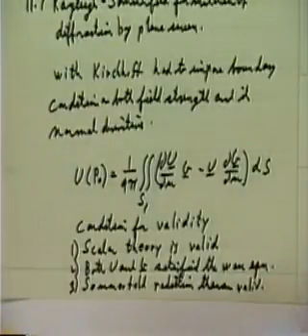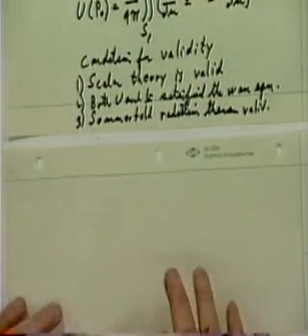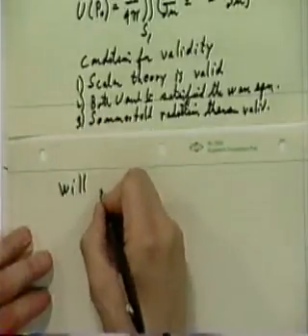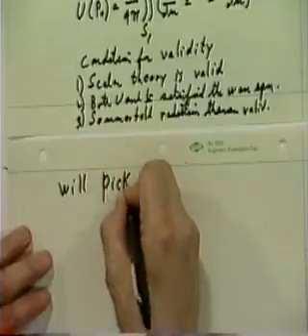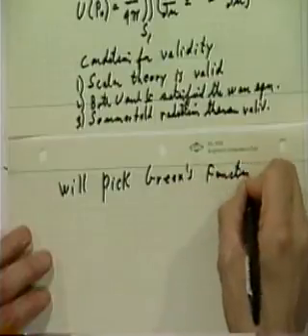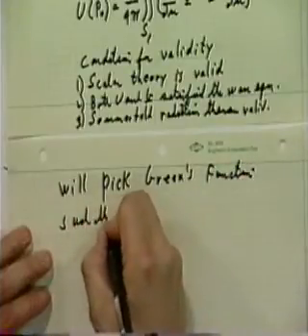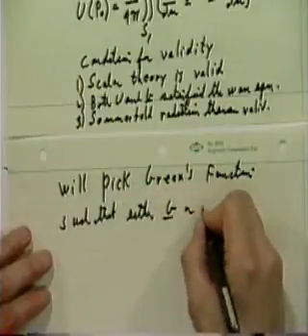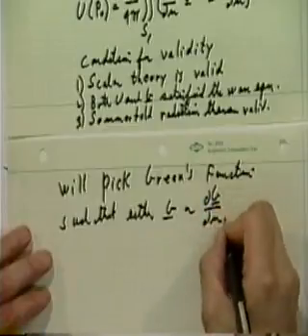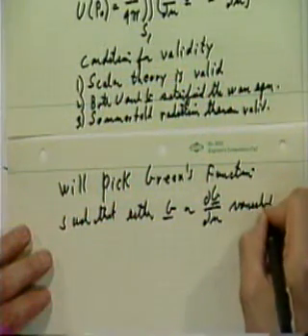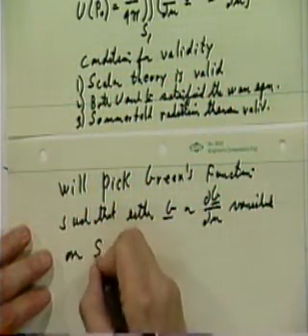And so now we're going to think for a minute and pick a new Green's function. We'll pick a Green's function such that either g or the partial of g with respect to n vanishes over S1.